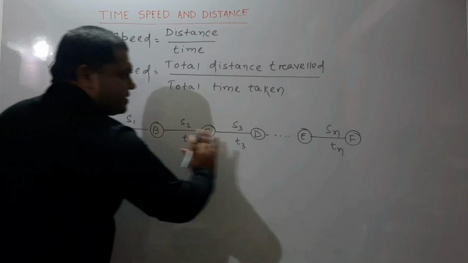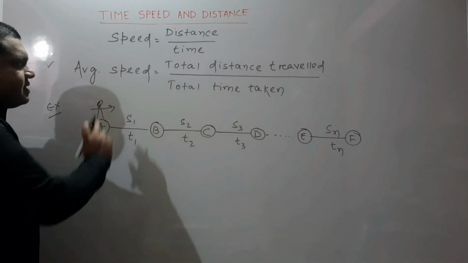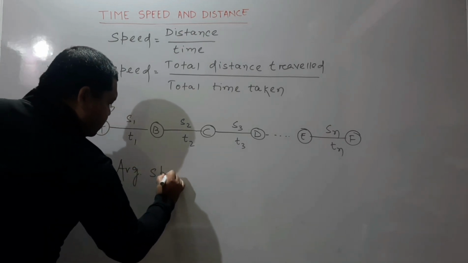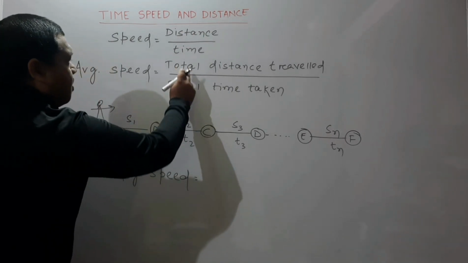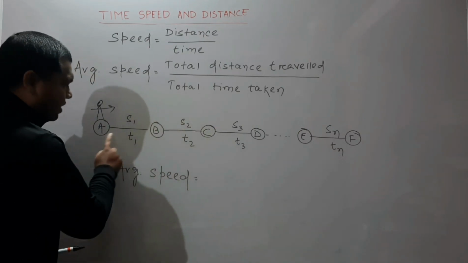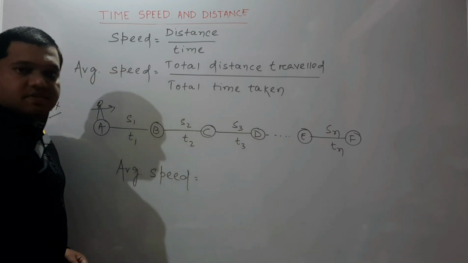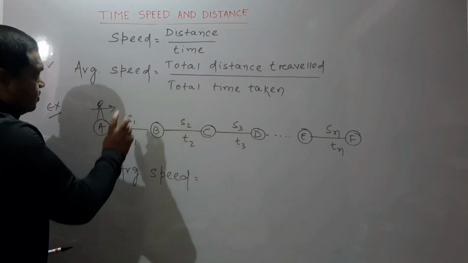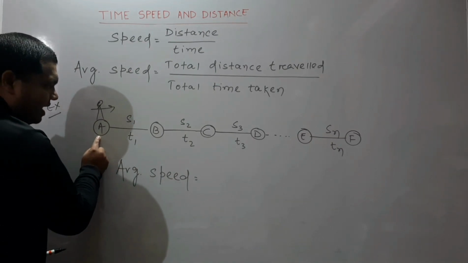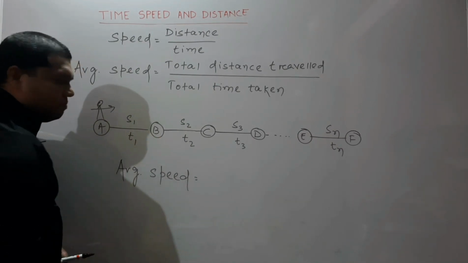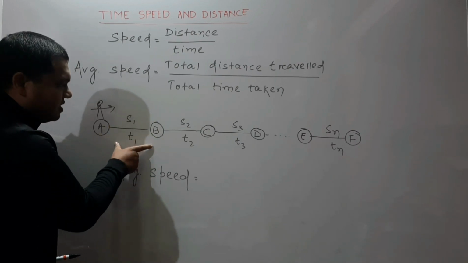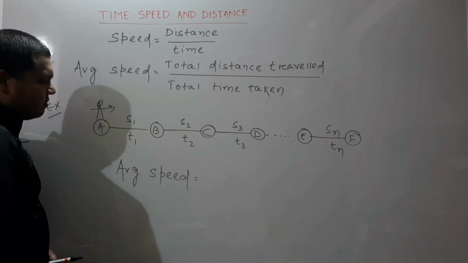So for this particular scenario, how to find the average speed? Average speed is the ratio of total distance traveled divided by total time taken. So how to find the total distance? This is very important. You know distance is speed into time. From position A to position B, your speed is s1 and time taken is t1, so distance is s1 into t1.